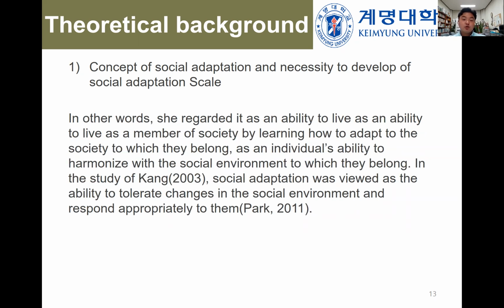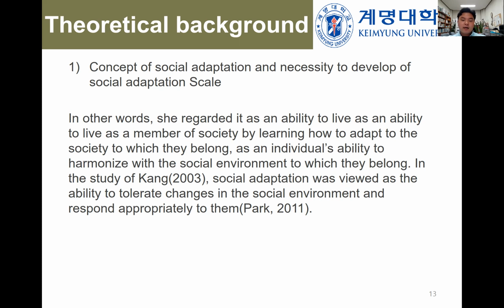In other words, she regarded it as the ability to live as a member of society by learning how to adapt to the society to which they belong, as an individual's ability to harmonize with the social environment to which they belong.